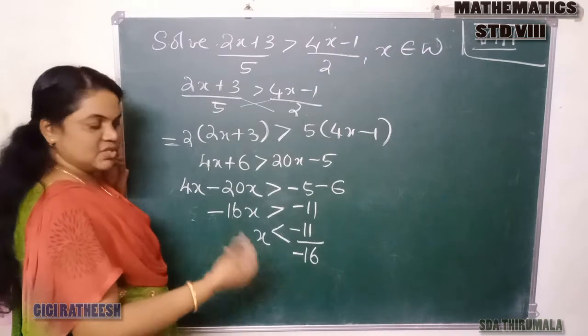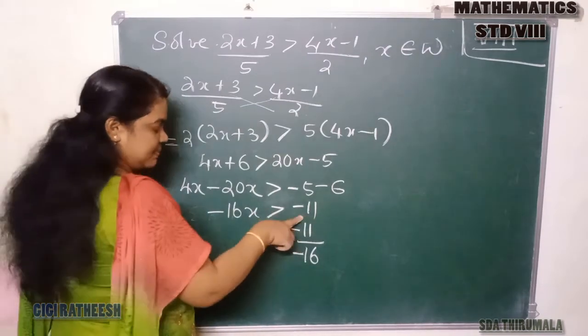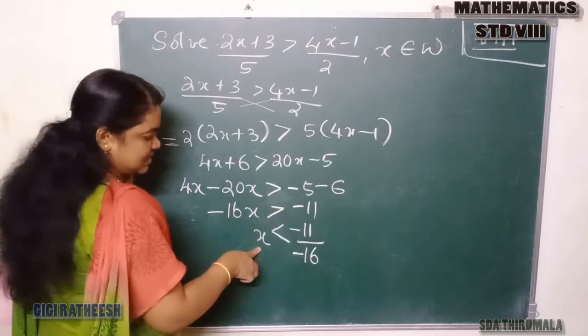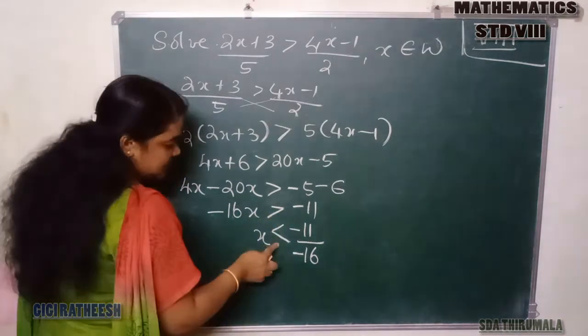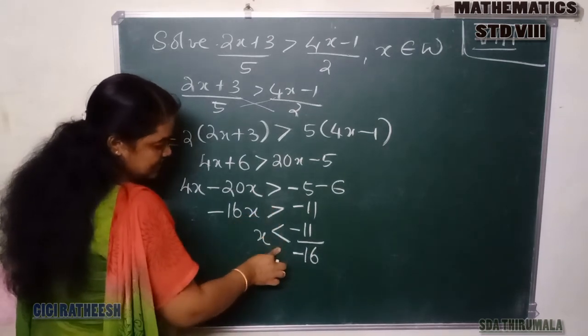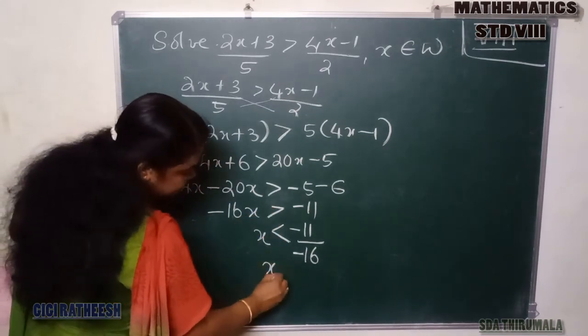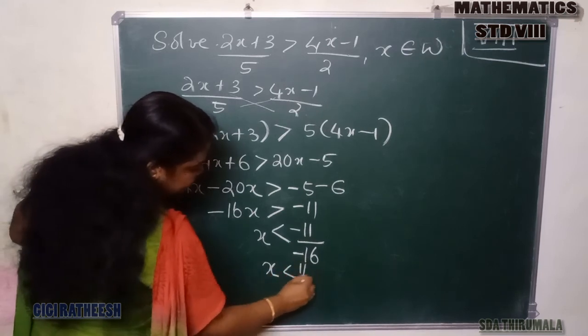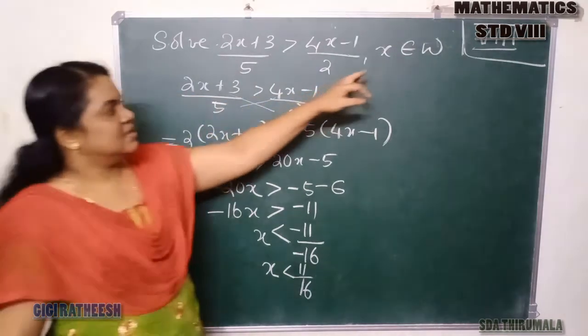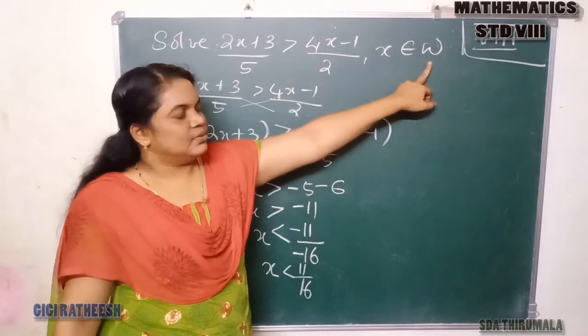Here it is multiplying with a negative on both sides, so the inequality changes, greater than changes to less than. That is x less than 11 by 16.